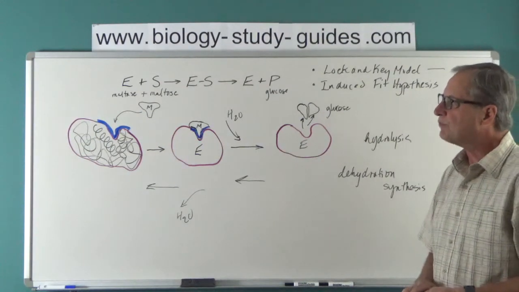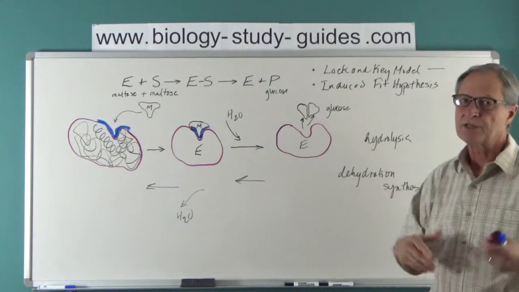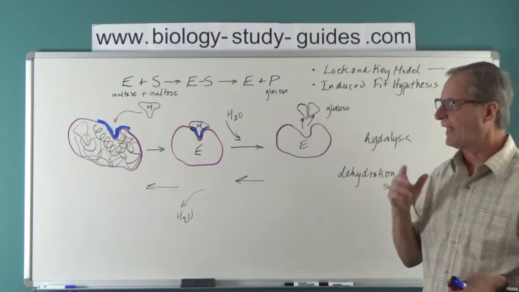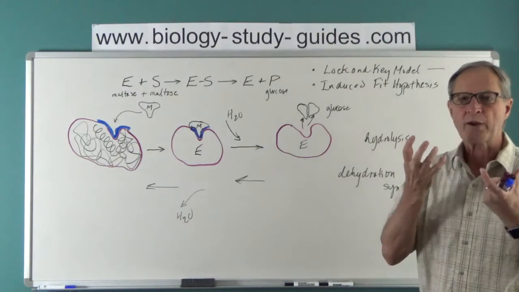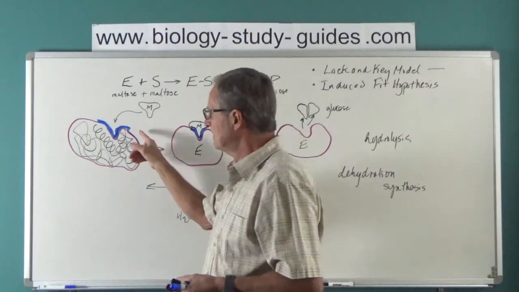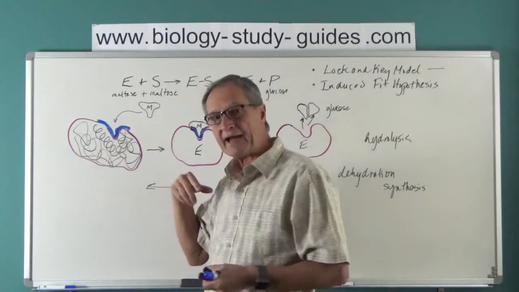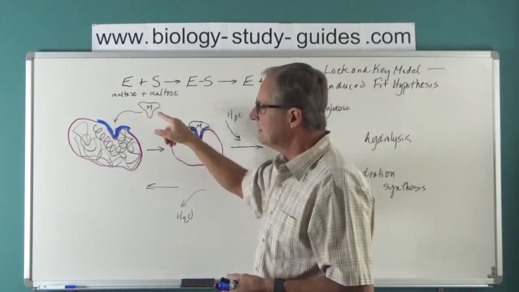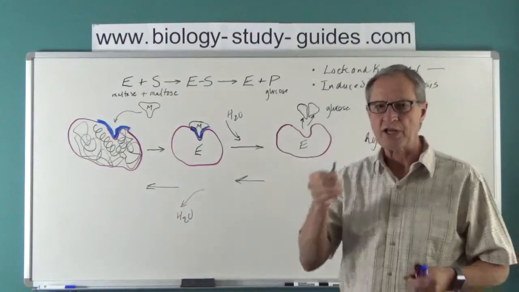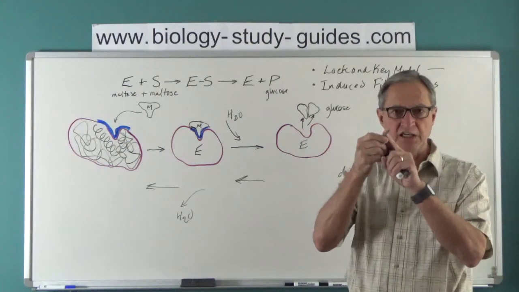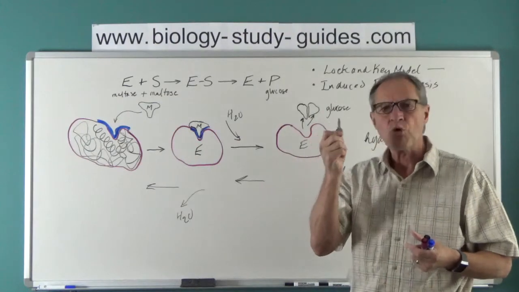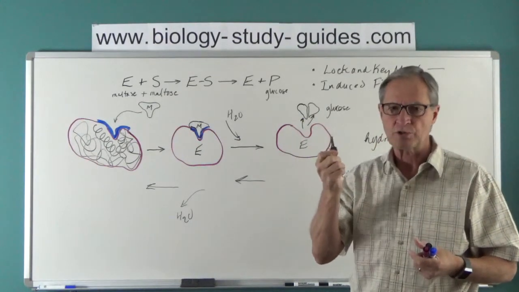It's so important to realize the significance of the shape. That's critical. Enzymes work when they're the correct shape. That's it. If you do anything to a system that changes the shape of that active site, then that substrate won't fit. If you do anything at all to change the shape of the key or the lock, whatever we're talking about, the shape won't match and no reaction is going to occur.